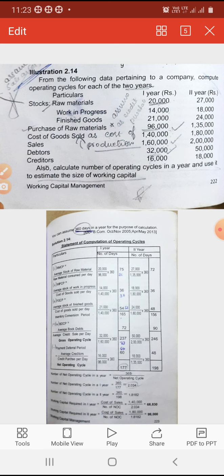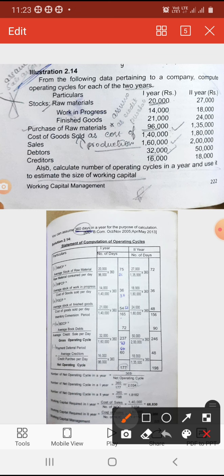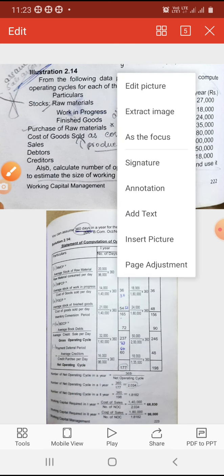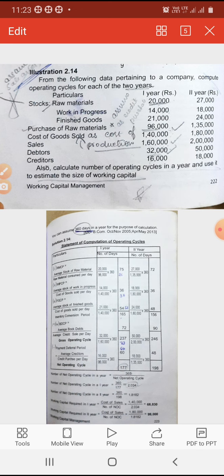So 20,000 divided by 96,000. 96,000 is nothing but the purchase of raw material, 96,000 and 1,35,000. So these amounts we have to take. 20,000 divided by 96,000 into 360.